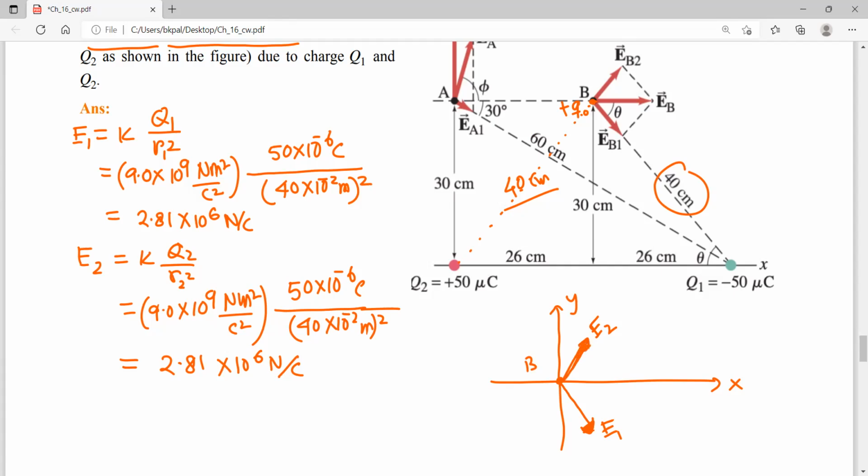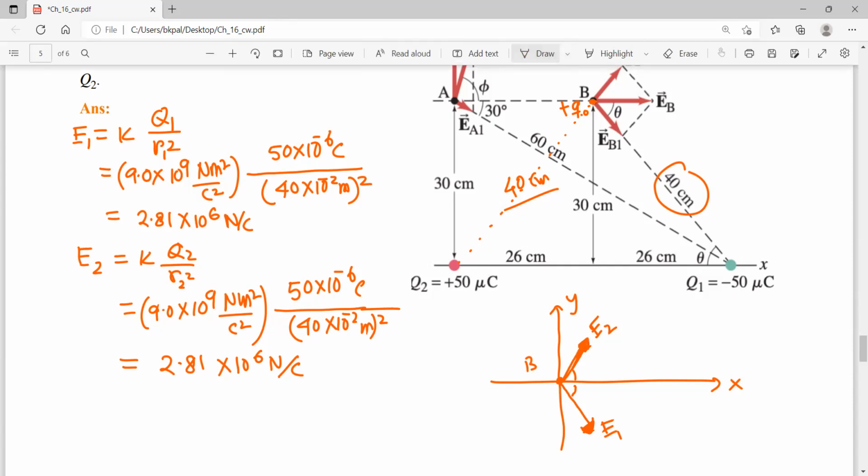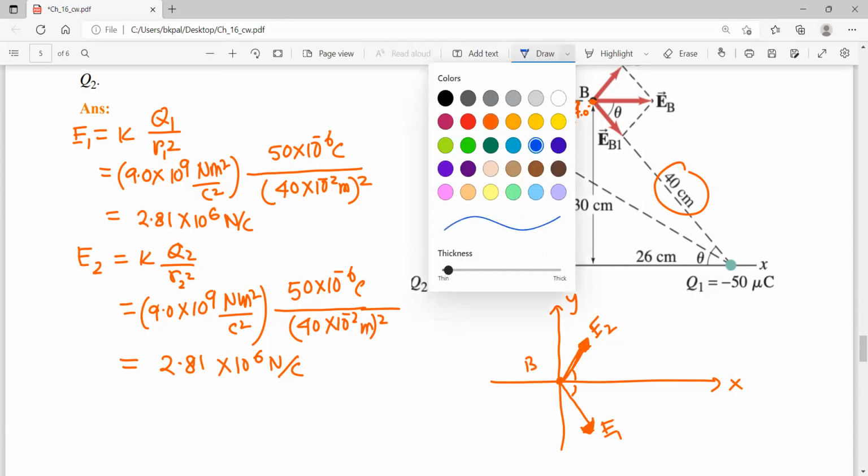So the magnitude of E1 and the magnitude of E2 are the same, right? Now here, let's say this is theta, and this is also theta. You can show that by using the geometry. Here one interesting thing is, let me use some other color.